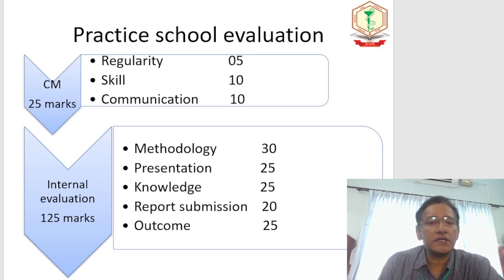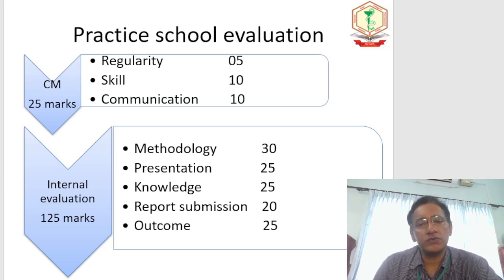As far as internal evaluation is concerned, here there is an award of 30 credits for the methodology, 25 credits for the presentation, that's the final presentation, 25 credits for the knowledge, and 20 credits for the final report submission, that is the hard copy.